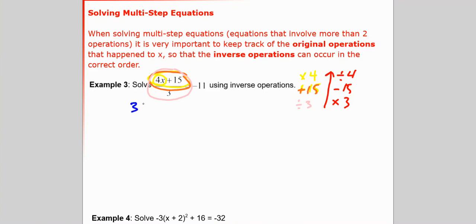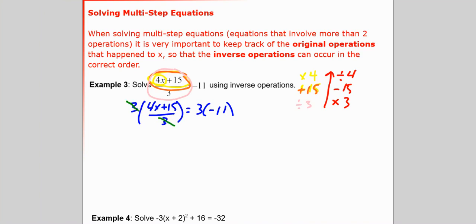So 3 with a large bracket, 4x plus 15 over 3, the large bracket, equals 3 times 11. So it is better to cancel early.